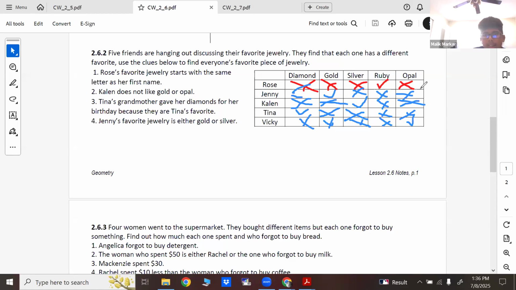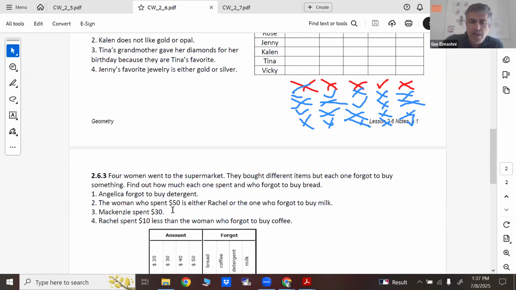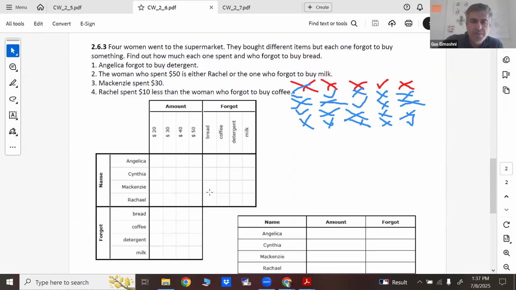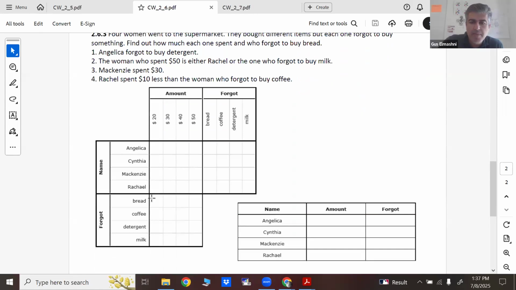Jenny's gold. Rose is ruby. Kaylin is silver. Tina is diamond, and then Vicky is opal. So Tina clearly has diamonds. So Keanu's got to be the silver, right? And then, by process of elimination, because Keanu's silver, then Jenny's got to be gold, right? And then Vicky is opal. So it's just logic really that you're doing. Kind of neat, like logic puzzles in a way.